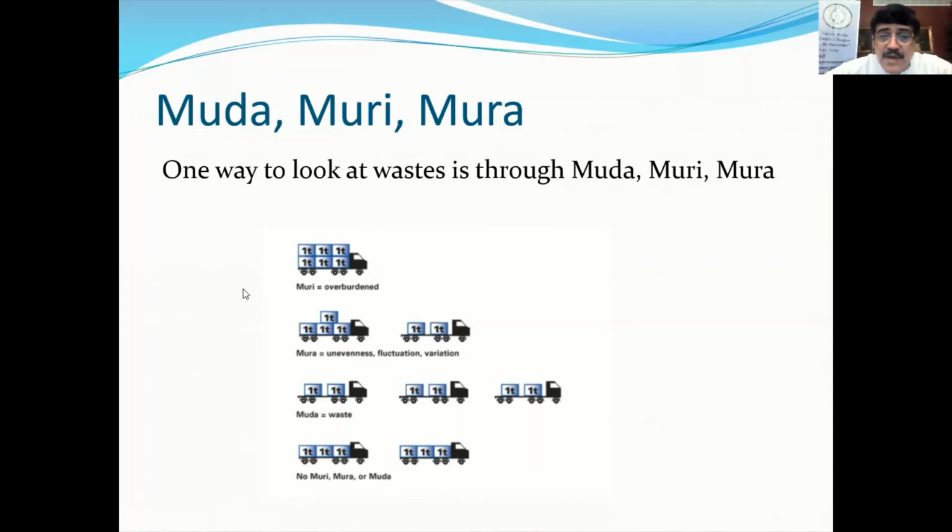So this is the meaning of Muri, Mura, and Muda. And the last one has no Muri, no Mura, and no Muda. These are concepts you'll hear a lot in Lean Six Sigma, but I found this illustration is the best way to illustrate Muda, Muri, and Mura.